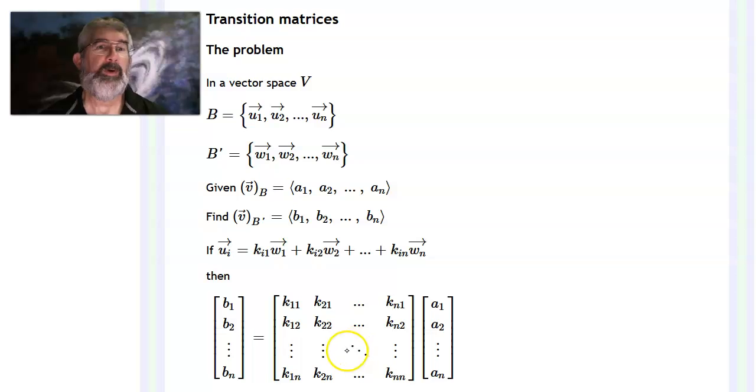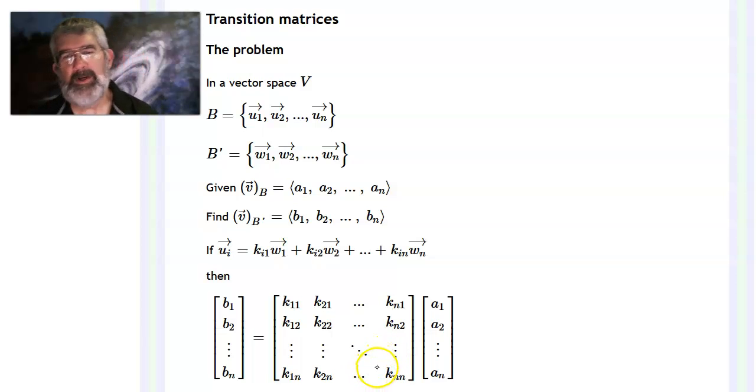This is what we had at the end of the last video, where we said the columns of the transition matrix were the vectors of the original basis written in terms of the new basis. So that would be what this matrix is right here.